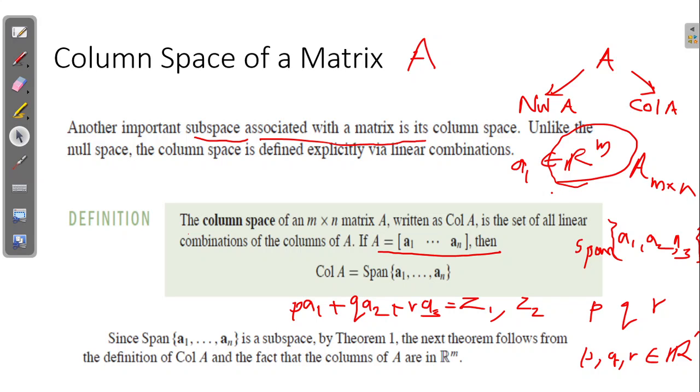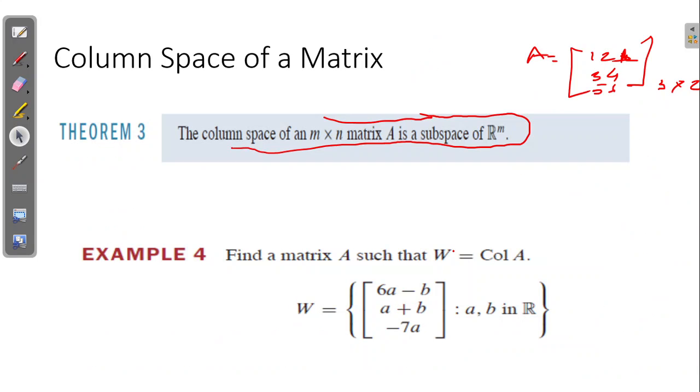R1, R2, R3 are all vector spaces. So a1, a2, ..., an belong to Rm, and the span of a1, ..., an is a subspace of Rm. That is, the column space of an m by n matrix A is a subspace of Rm.